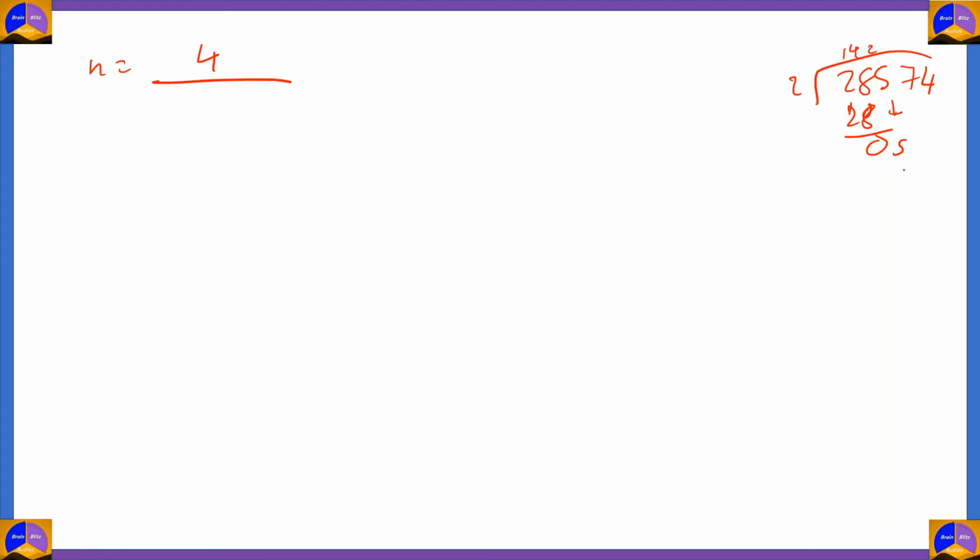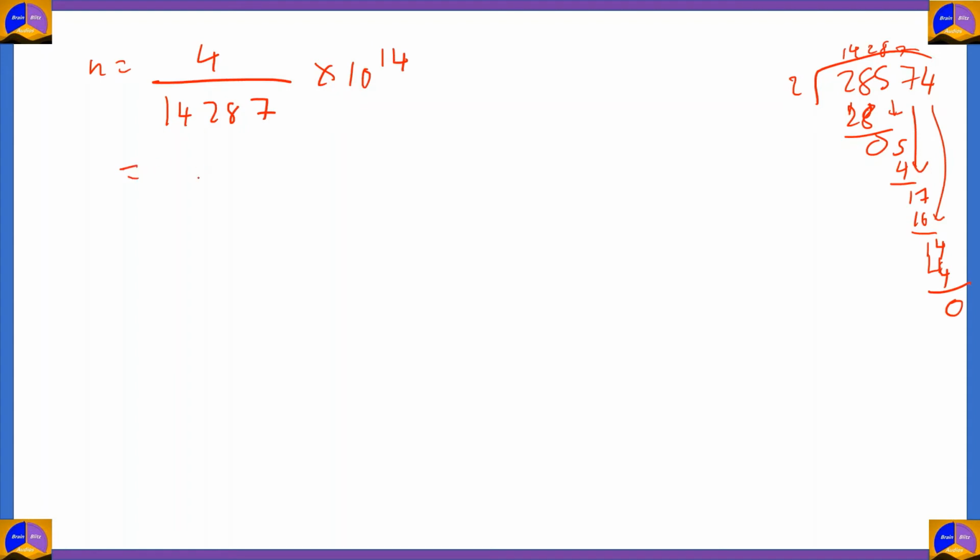So 2 times 2 is 4, and that's 1. And we have 17, so 8. 2 times 8 is 16, so that's 1. And then 14. So 2 times 7 is 14, equal to 0. So 4 divided by 14287 into 10 raised to 14.